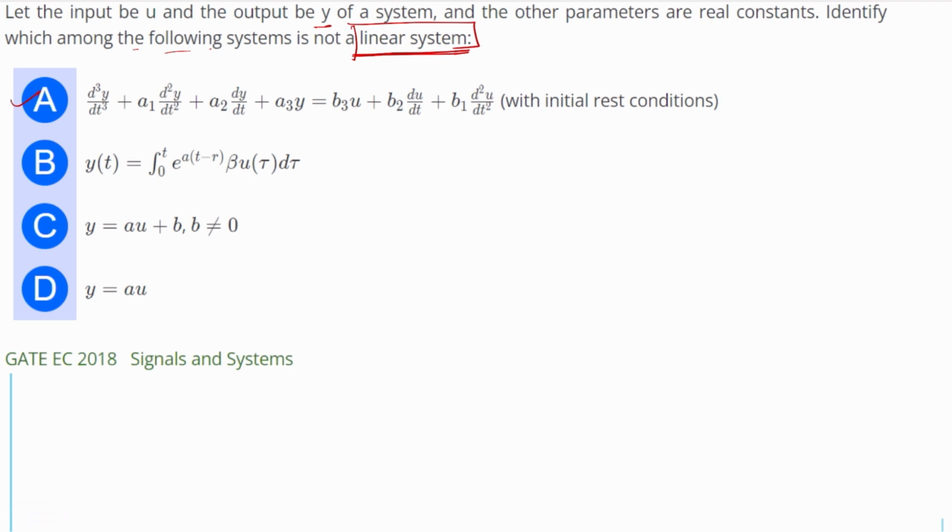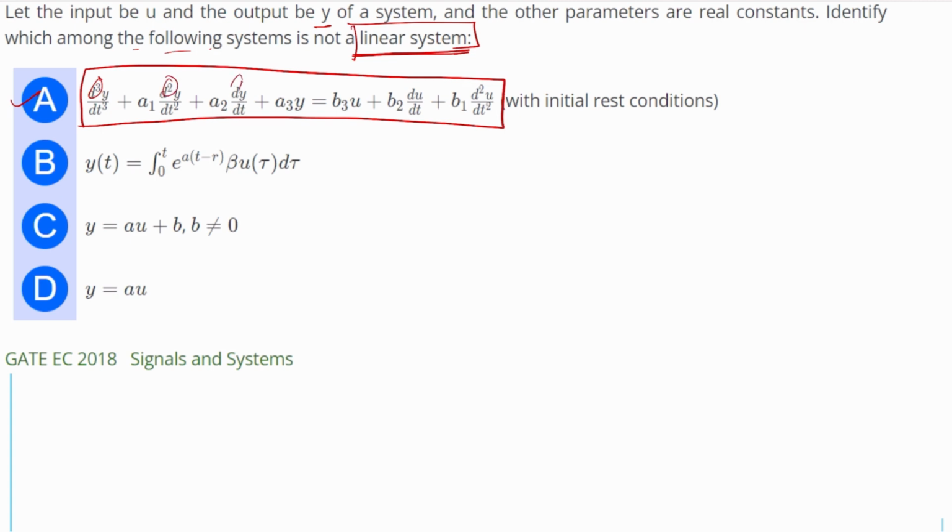Here, this option A is nothing but a linear differential equation. Why are we calling it linear already? Because it is the power of 3, power of 2, power of 1, and then a single variable. Here also it is a linear differential equation.